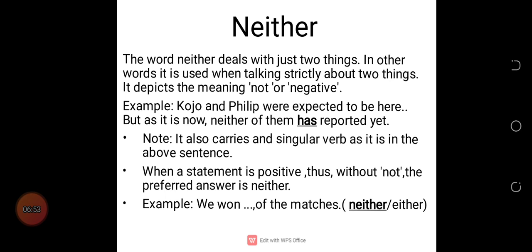When the statement is positive, that's when it is without the not, there is the omission of the contracted form, either didn't, can't, we will go for neither. When the word not is omitted in the statement, we assume that the statement is positive, and so in introducing a negative word we use neither.